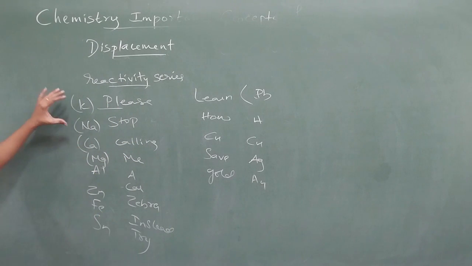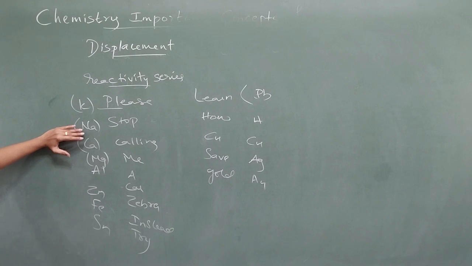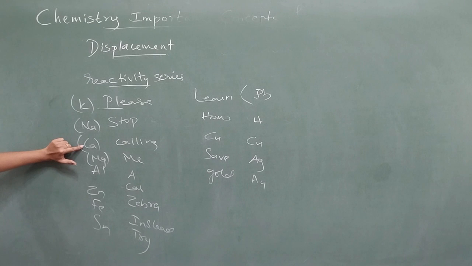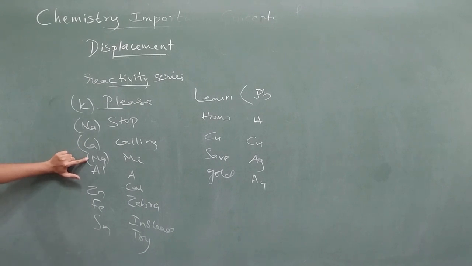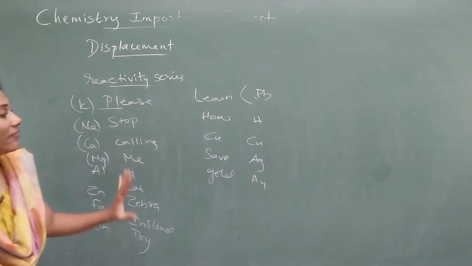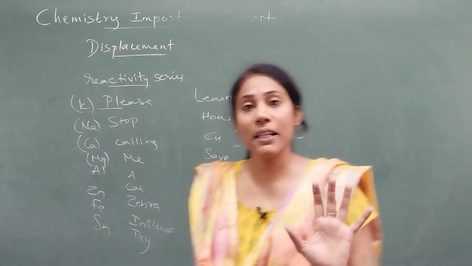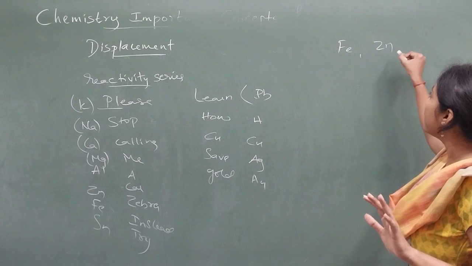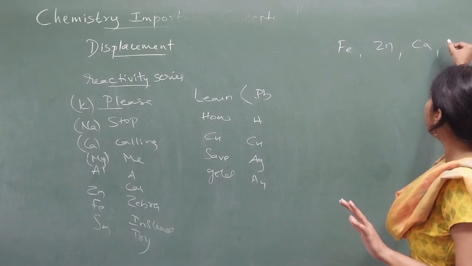The element which comes above is more reactive than the bottom element. That means potassium is more reactive than sodium, sodium is more reactive than calcium, calcium is more reactive than Mg. See, on reactivity series itself, questions can be framed. Say they'll give you iron, zinc, calcium, copper.